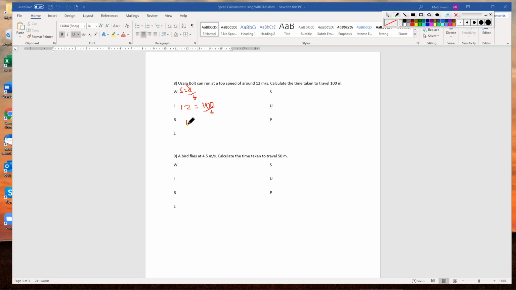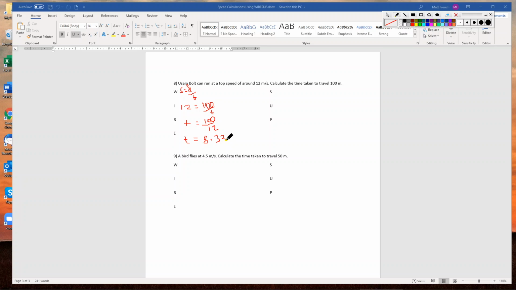So we're going to have to rearrange that. Dead easy, we swap the 12 and the t around when they're in that position in the equation. 100 divided by 12. We're going to evaluate 100 divided by 12, and we find the answer is 8.3 recurring.